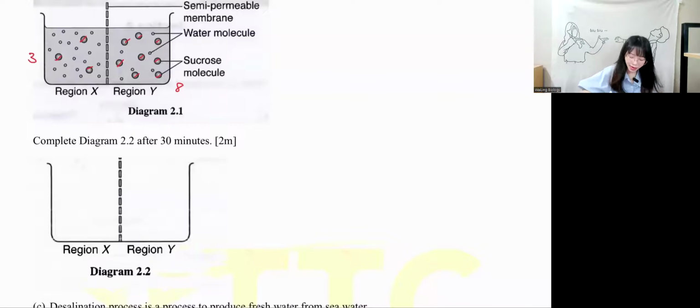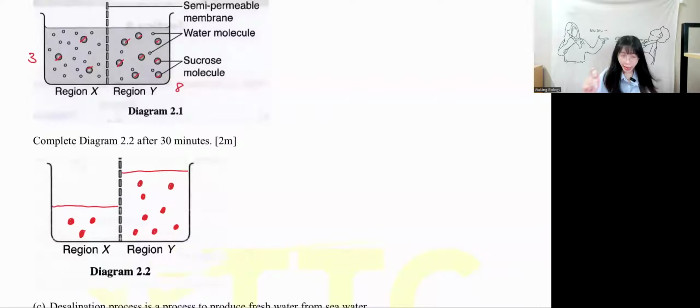Correct. Y is higher, right? Lower, higher. Still, same thing. Draw 3 over here. 1, 2, 3. And then 1, 2, 3, 4, 5, 6, 7, 8. And then you're going to draw water.